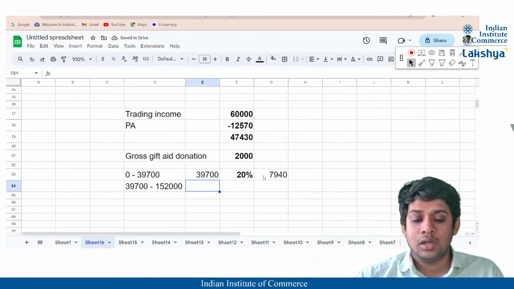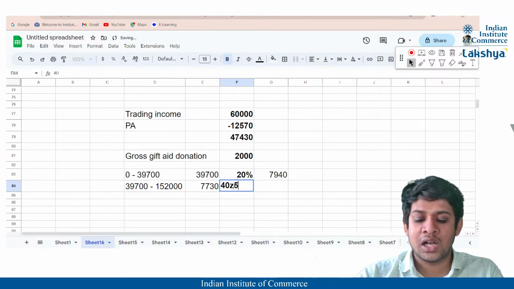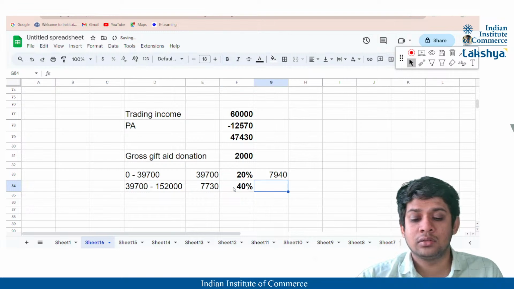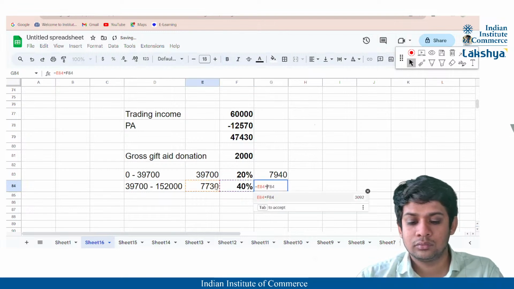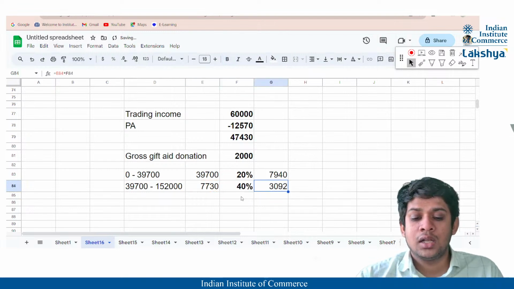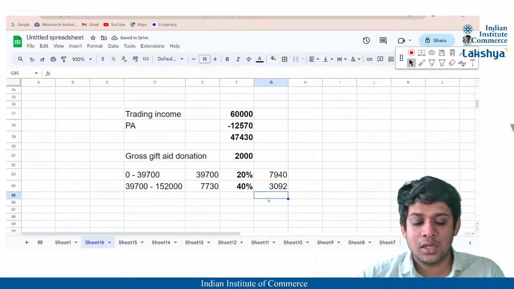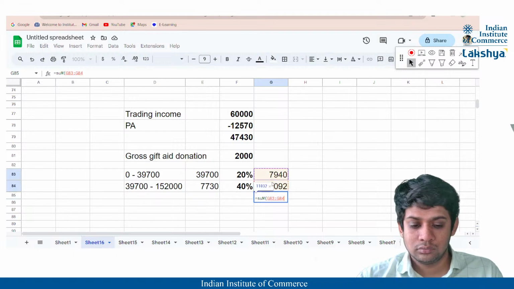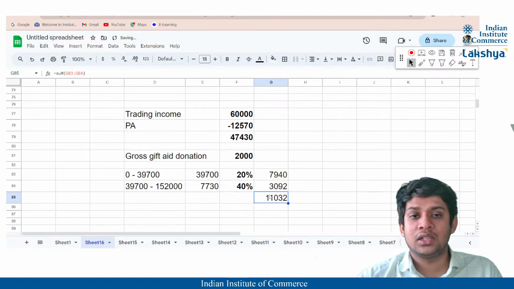And on the remainder of the amount, that is 47,430 minus 39,700, she will be charged tax of 40%. This is her income tax liability, which is 11,032, correct, guys?